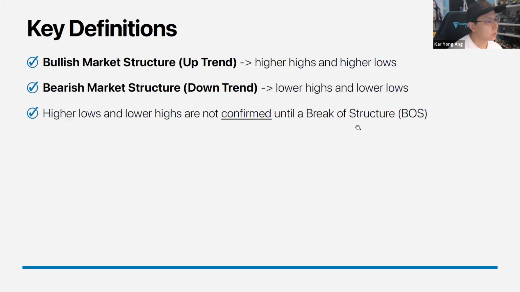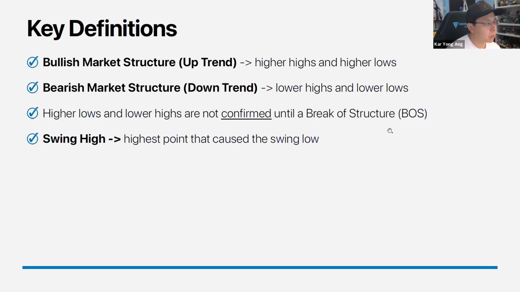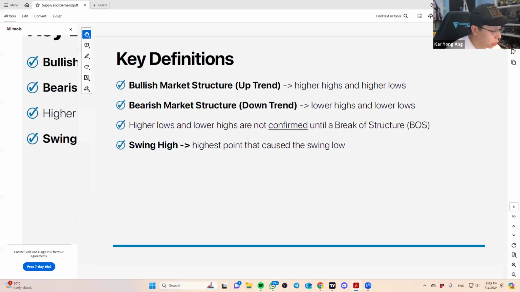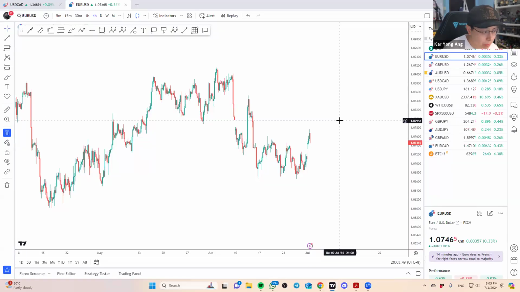We also have this term called the break of structure. In short, the term that we're going to use is BOS. When we have a break of structure, we need the price to actually be breaking and closing. I'll jump into a chart to cover this principle.